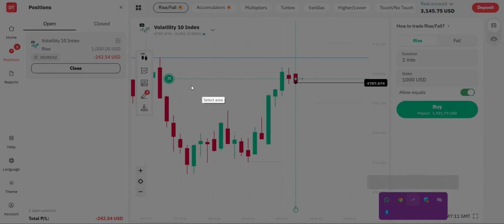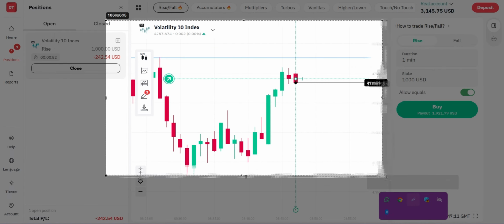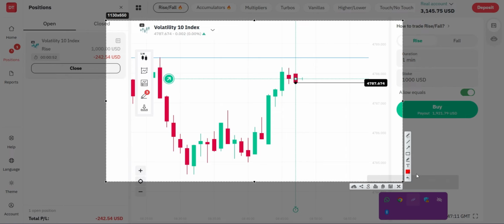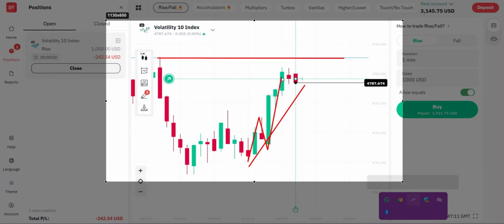Now let me explain to you. The reason for placing the higher option is that the actual sellers zone is here. So currently the market is far from this zone, and the trend is an uptrend. And one more thing, the market is making higher highs like this.